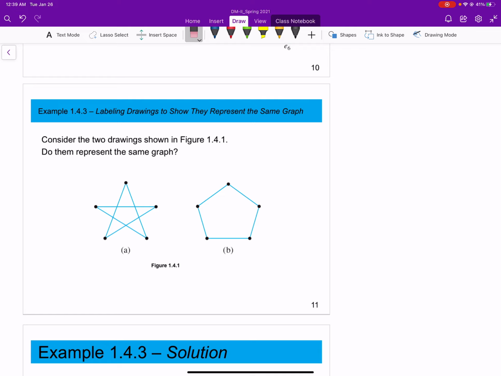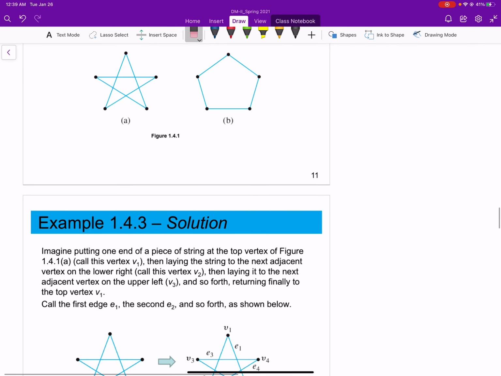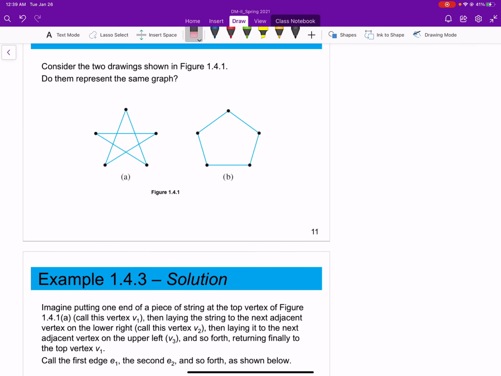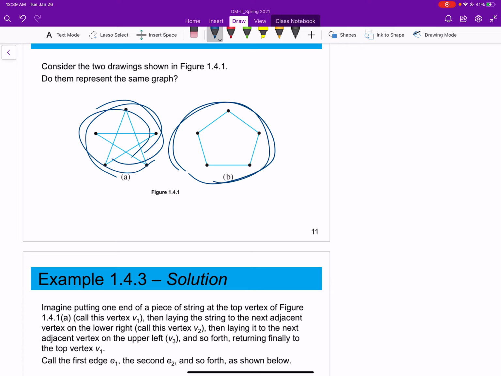So if I give you these two graphs and I ask, are they similar? Are they equal? Most of the students will say, no, they are not equal. That's wrong. They are equal.